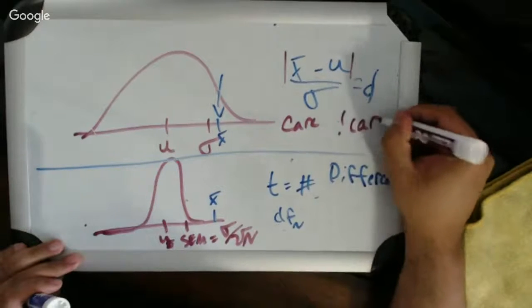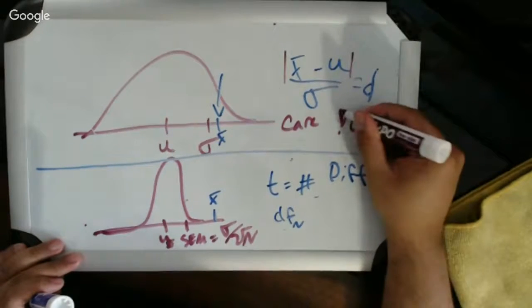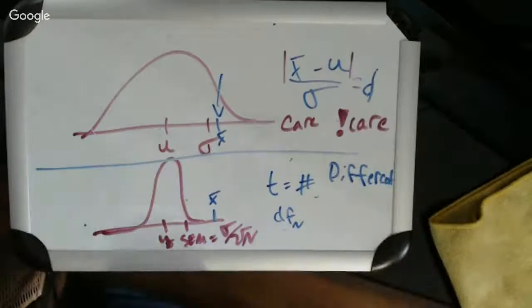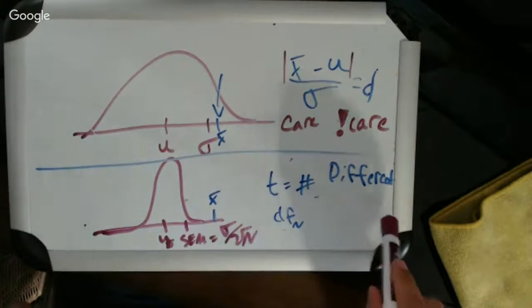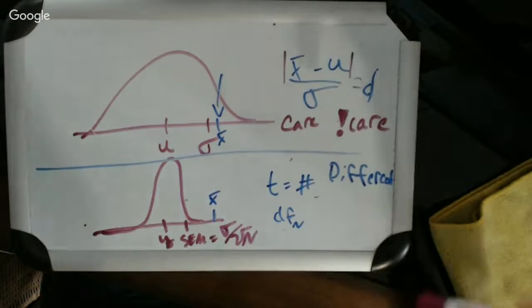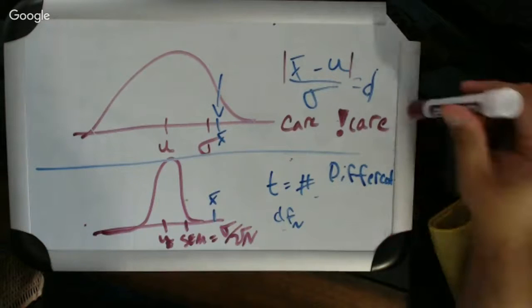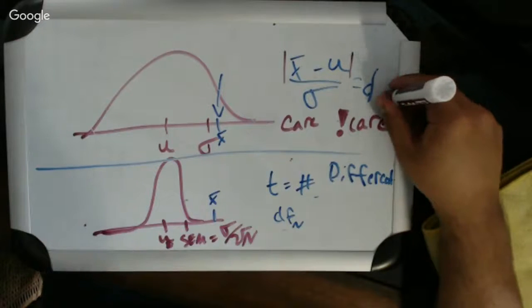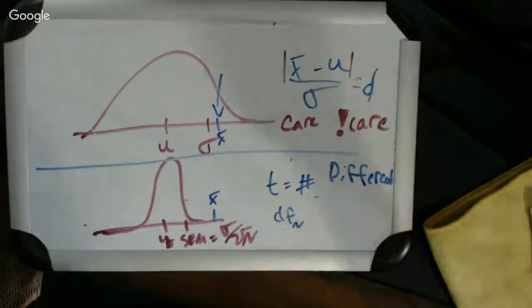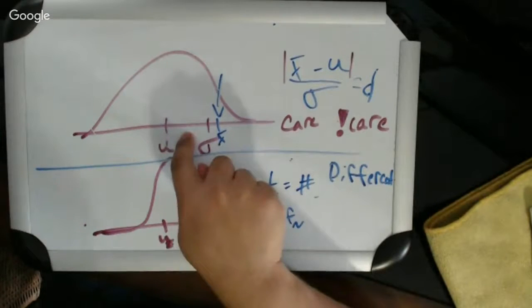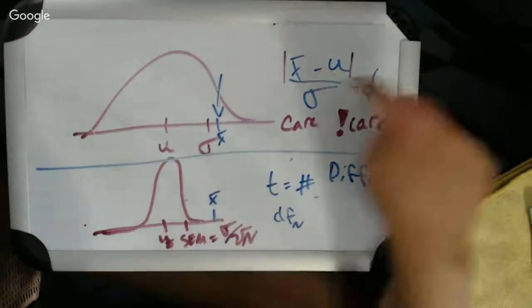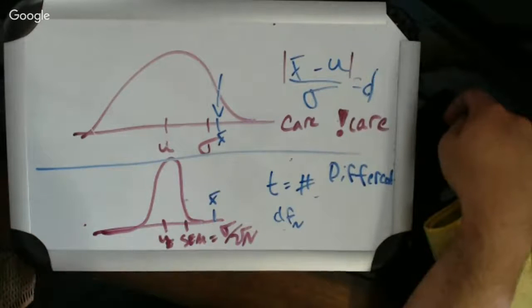How much stock should we put in this result? You don't just say we found a significant effect, therefore we should all be doing this. You say, okay, we found an effect of this intervention, or whatever it is you want to be doing. It seems to be affecting people. And then Cohen's d tells us how much of an effect it had on them. Relative to their normal variation, how much did your effect change them?